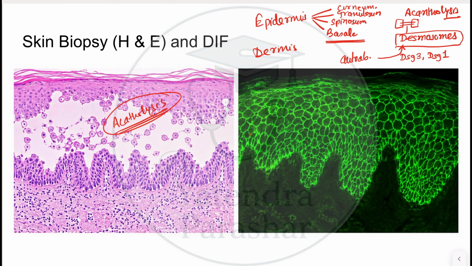Due to the prominent acantholysis, the stratum spinosum, which has the highest number of desmosomes, gets separated from the basal layer, the stratum basale, and it results in the formation of the suprabasal cleft.